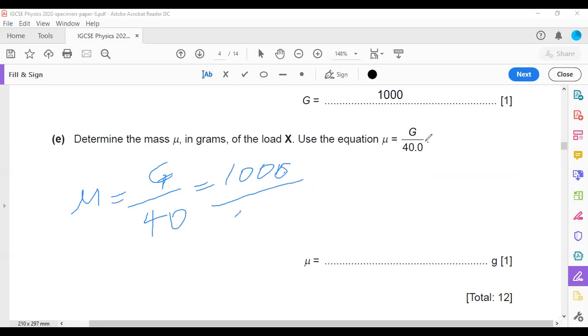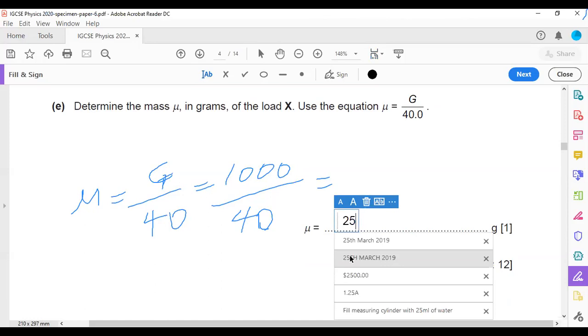1,000 divided by 40. We work it in our calculator, how much is it? 1,000 divided by 40 should give us 25 grams.